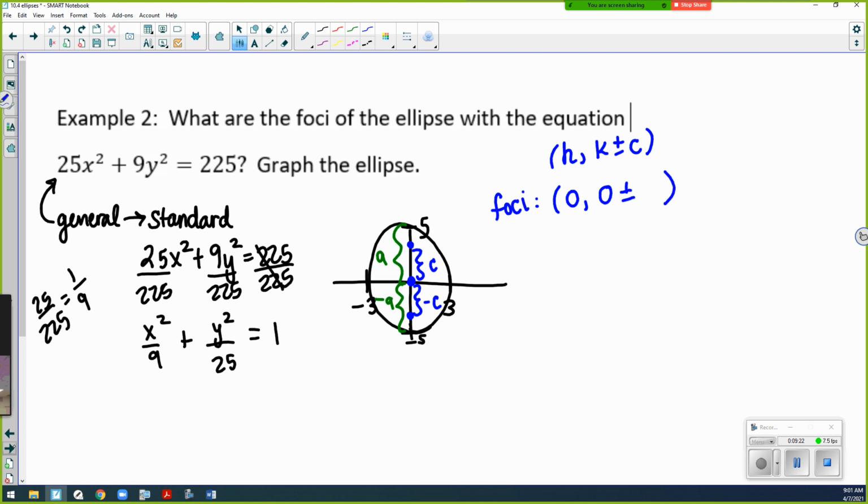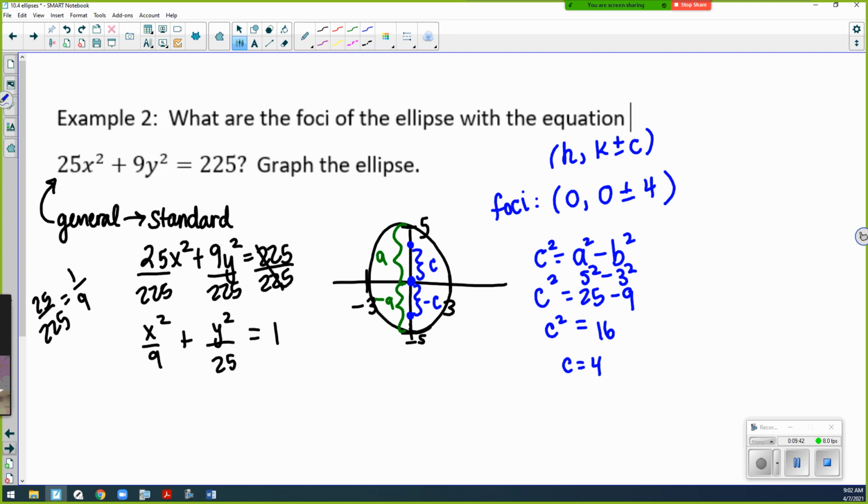The relationship between a, b, and c is that c squared is equal to a squared minus b squared. So c squared is equal to 25 minus 9, 5 squared minus 3 squared. And so that's 16, making c equal to 4.